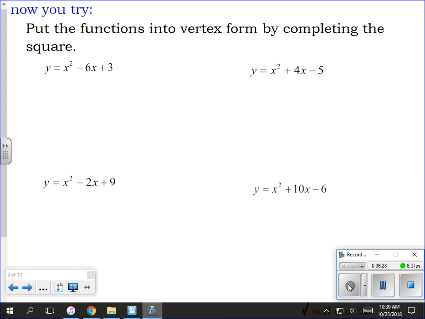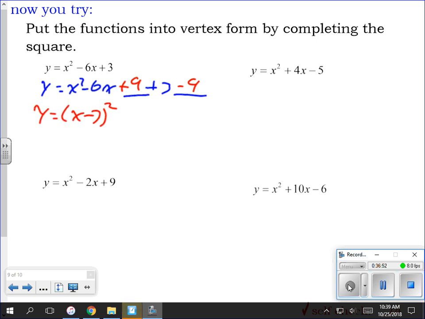Okay, these ones don't take as long as the other ones, so let's go ahead and do this. First step, move the 3 over. Y equals x squared minus 6x blank plus 3 blank. Fill in that blank. Half of negative 6 is negative 3, squared. I add 9 and I subtract 9, which means I have y equals x minus 3 squared minus 6.